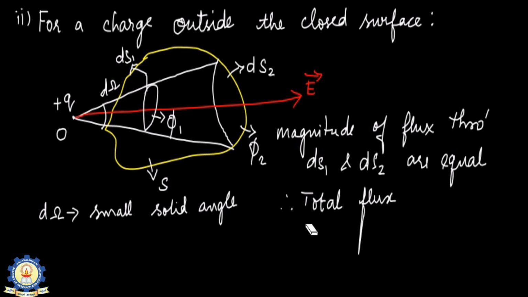The total flux through ds1 and ds2 can be written as phi equals phi1 plus phi2. Then we can substitute the values of phi1 as well as phi2 in this equation.